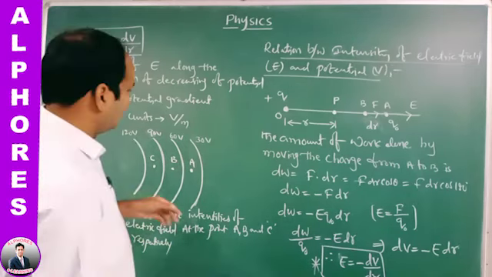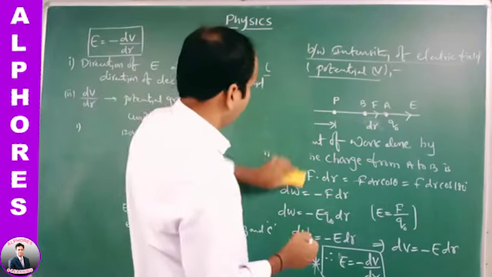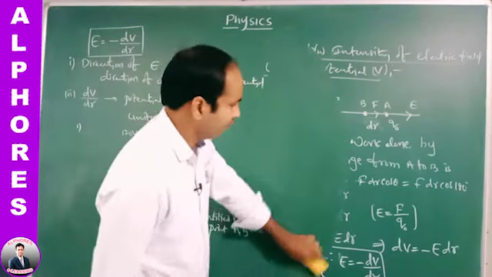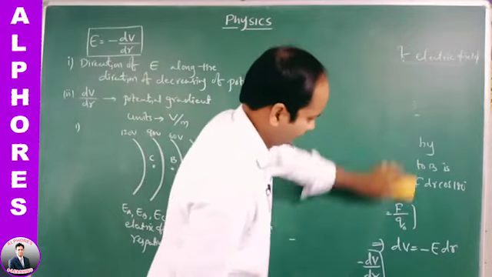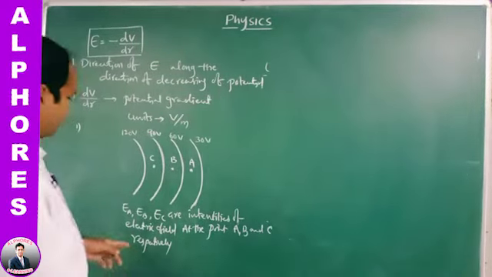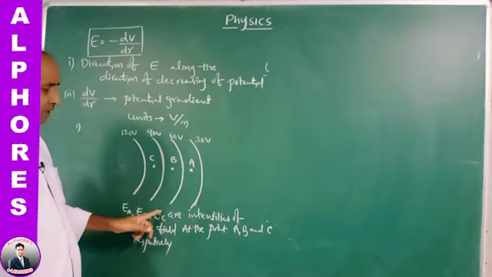Then what is the relation between EA, EB and EC?